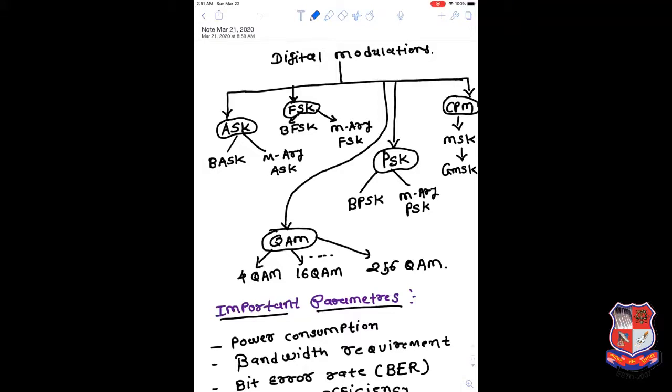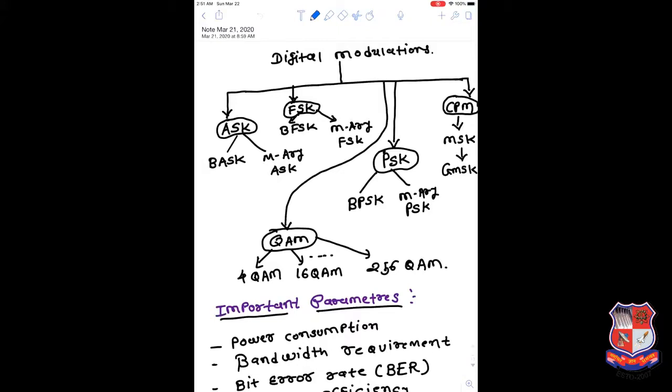So it is essential that this low frequency baseband signal be converted to a high frequency signal, and this process is known as modulation.